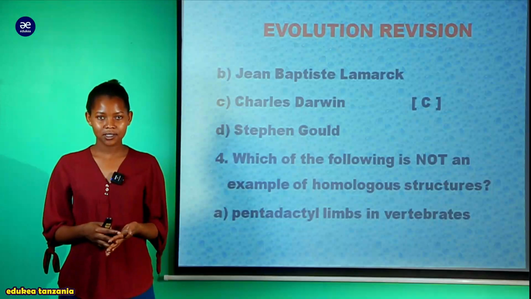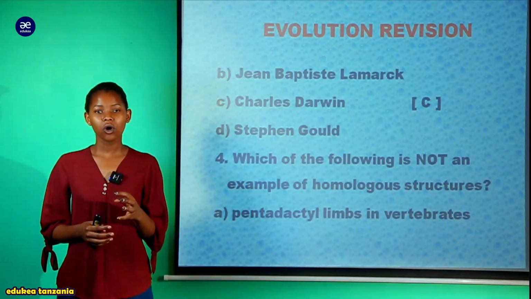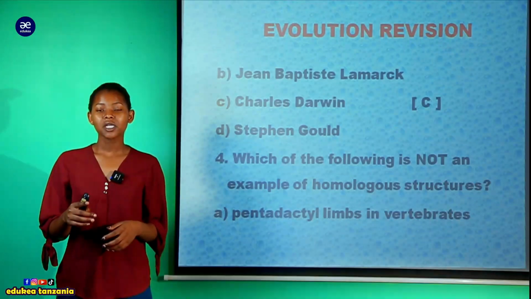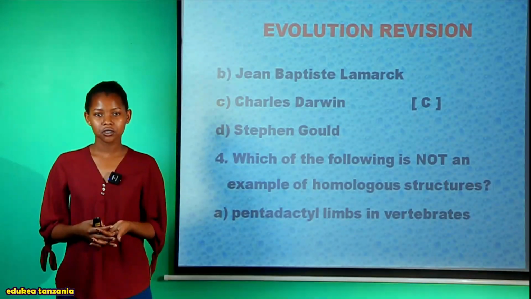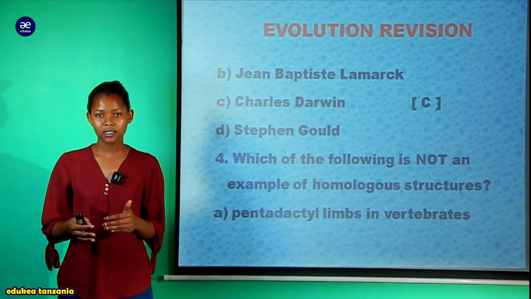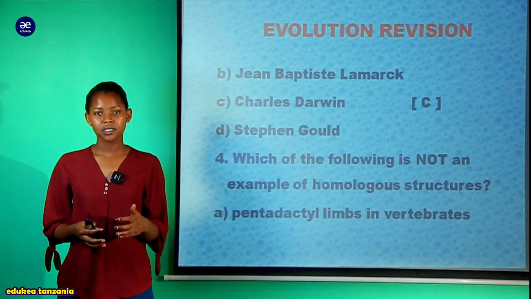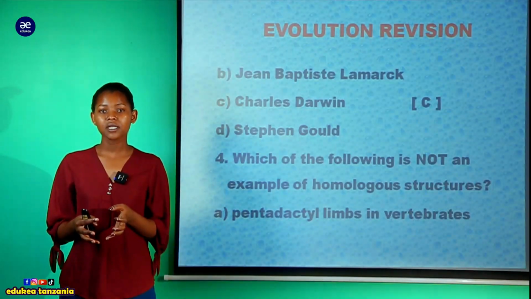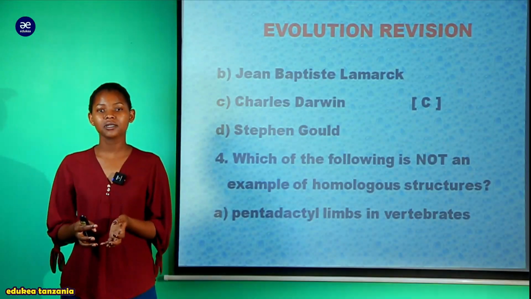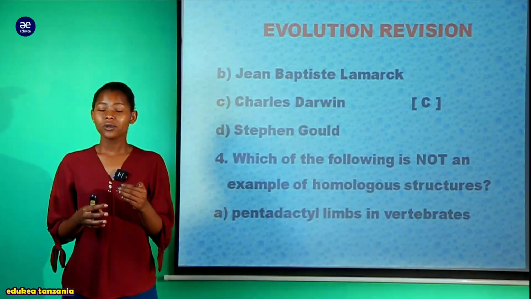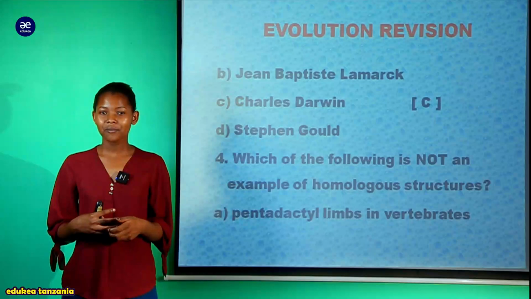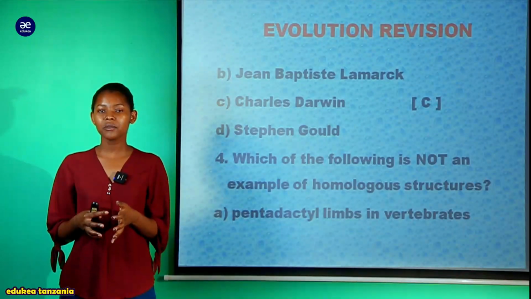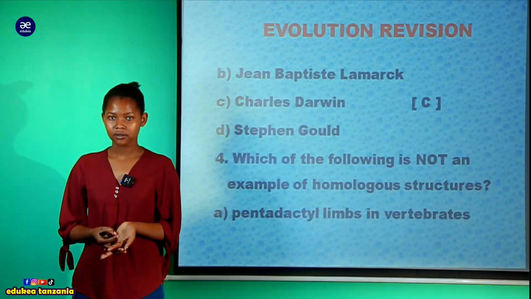and analogous structure. When you talk about homo, it means the same. Homo means the same, but logous means origin. I hope you get me and you get the point. So when you talk about homologous structure, it means they have the same embryonic origin.